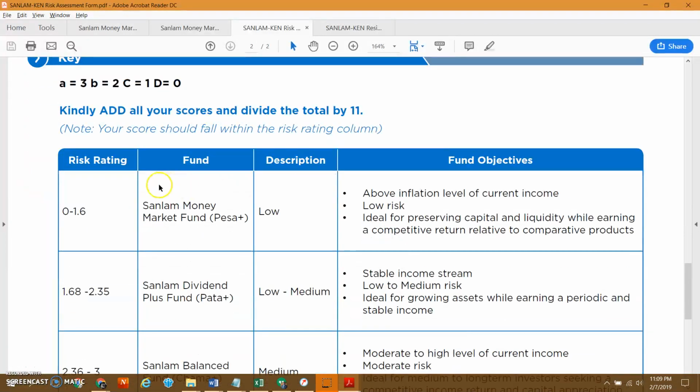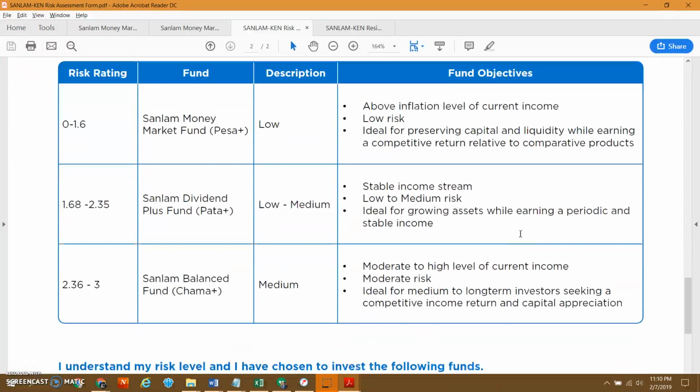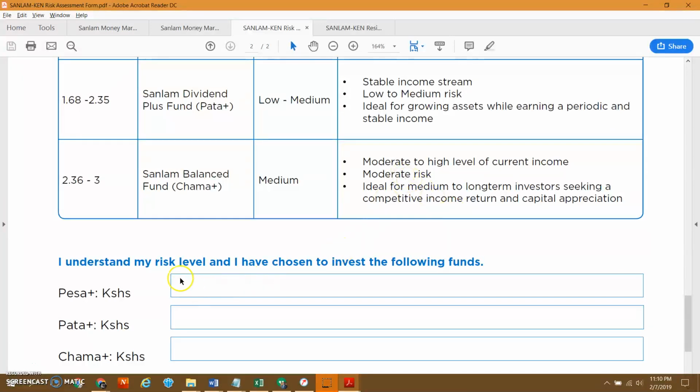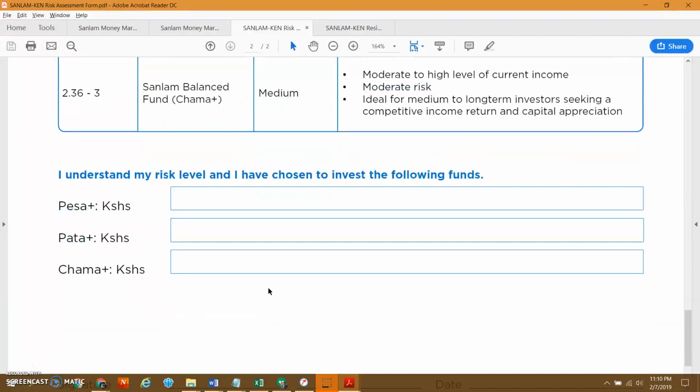But for now, we are only interested in the money market fund because we are interested in preserving our capital and having the liquidity of accessing our funds when we need them. So we would indicate here that we understand our risk level, and we put the same amount we put as the initial amount for investing here, and sign.